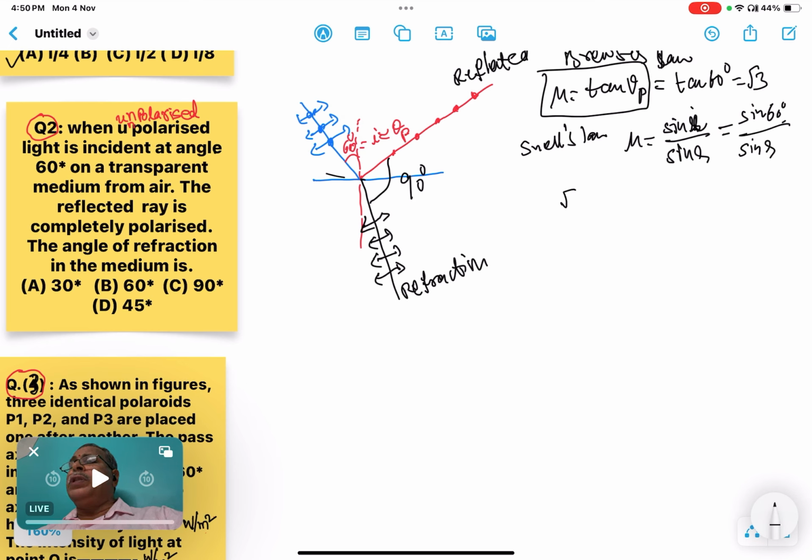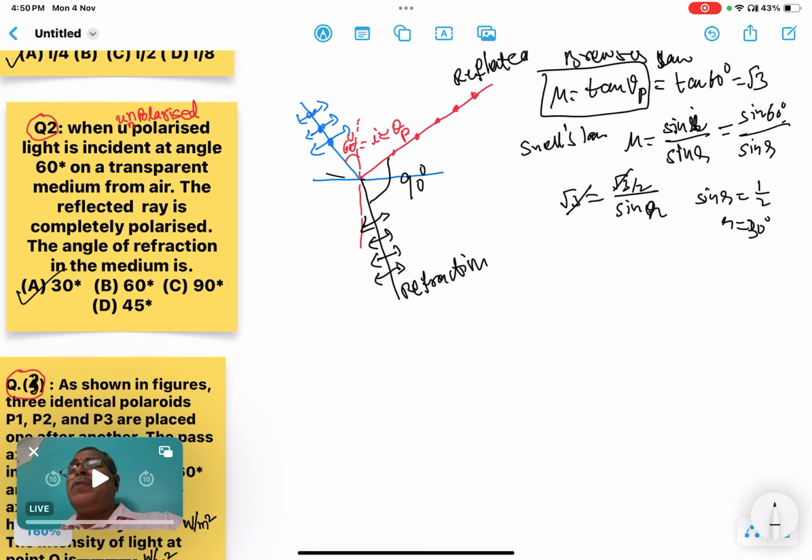The mu value root 3 is equal to root 3 by 2 divided by sin r. So root 3 gets cancelled here. Then sin r is equal to 1 by 2, then r is equal to 30 degrees. So my dear students, 30 degrees is the right answer.